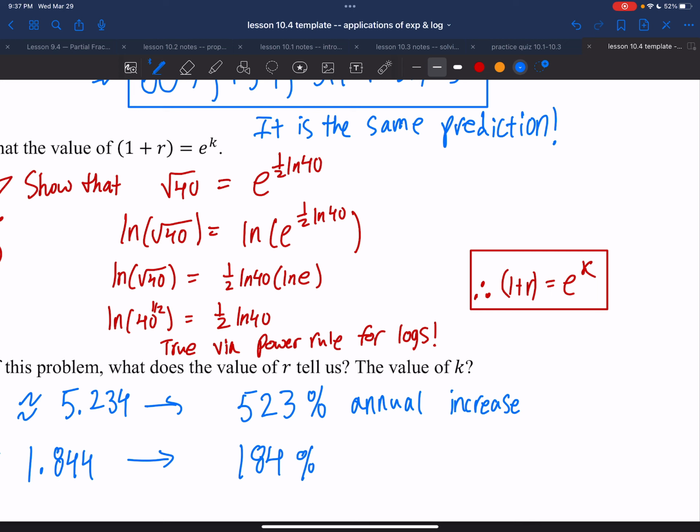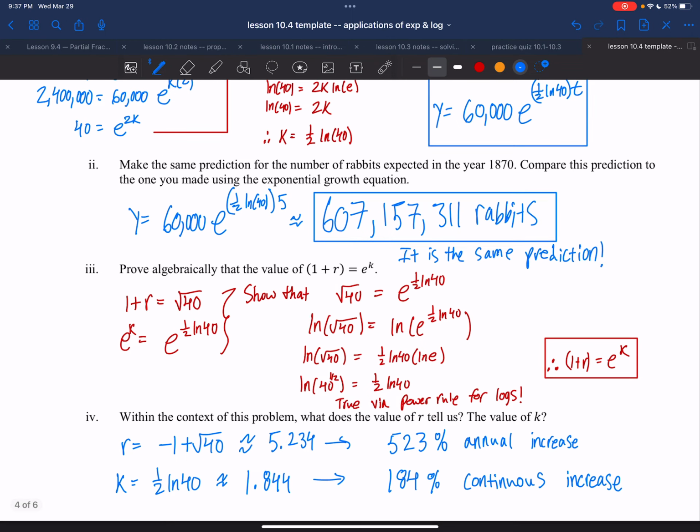You can say instantaneously or continuously increasing, or I should say a continuous increase. And that's the difference.